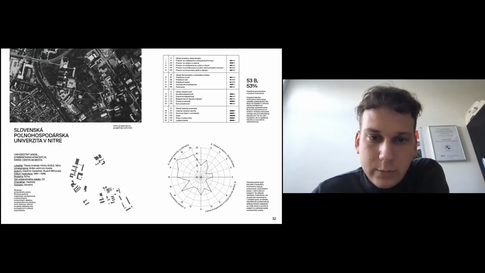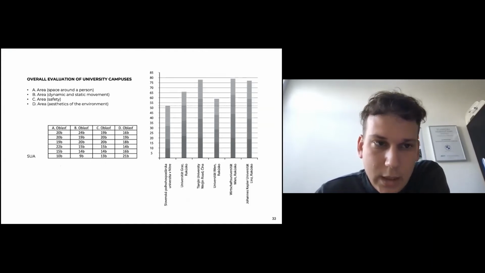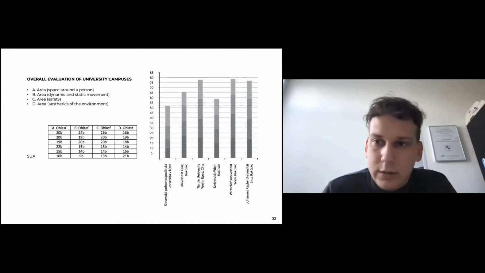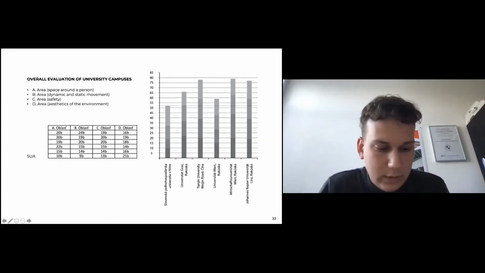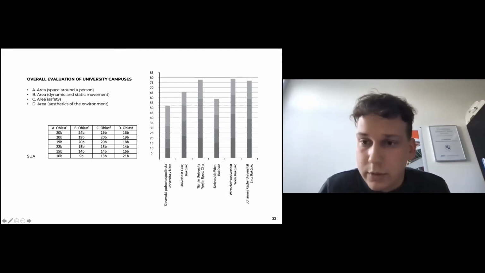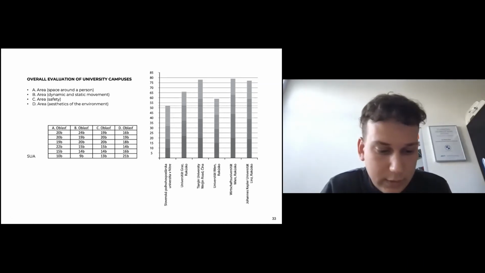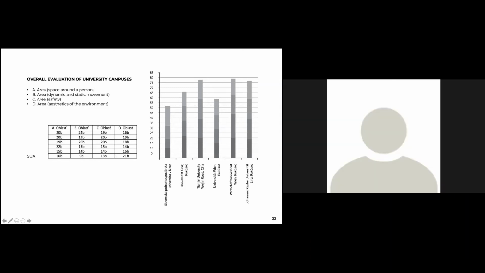And of course, our university. So here you can see the overall evaluation of university campuses. I will just wait, because I have a toolbar here on the right side of the presentation. Okay.